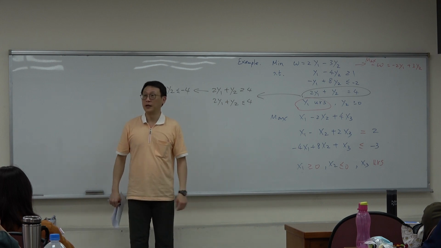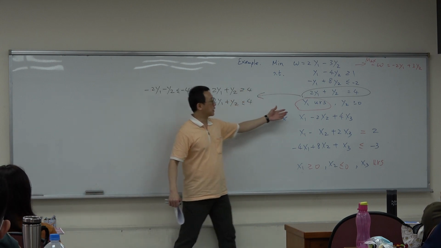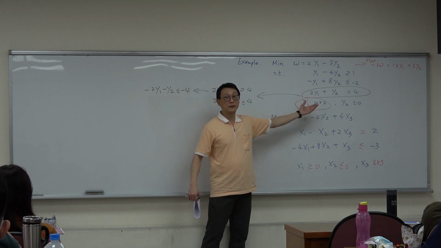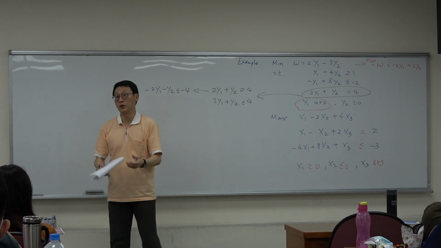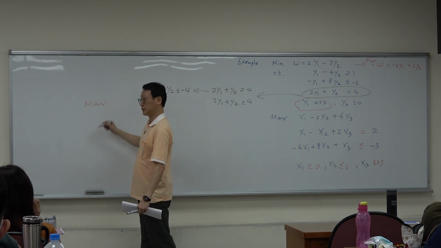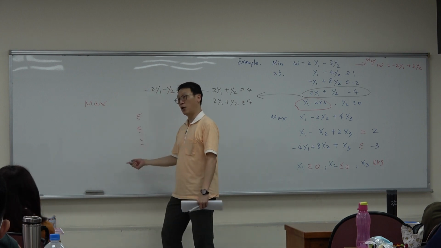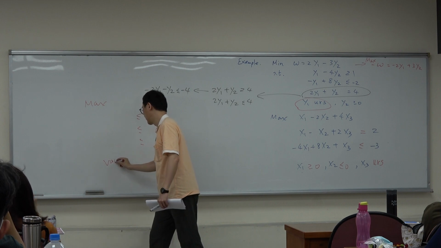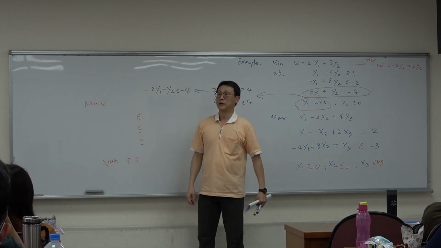His question is: suppose there is a minimization or some constraint that is not in the standard maximization form, because our maximization form looks like this: maximize something, with all of the constraints and all of the variables in standard form. Can we do that?